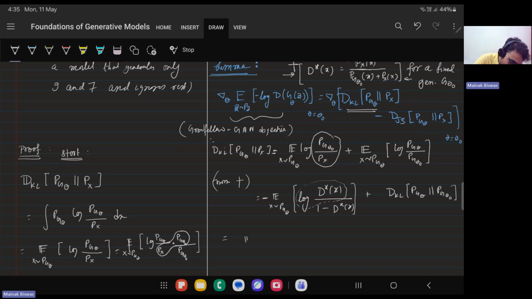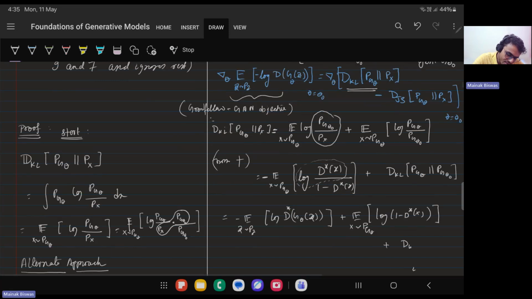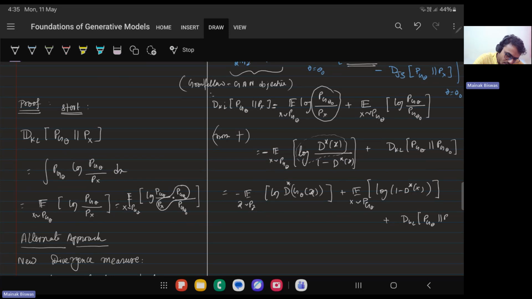So I could write this as x being p_g theta, or I could just say z from p_z, the generator is going to generate the data, d star of g theta of z, plus the expected value of x being sampled from p_g theta of log of 1 minus d star of x, plus the DKL of p_g theta and p_g theta_0.